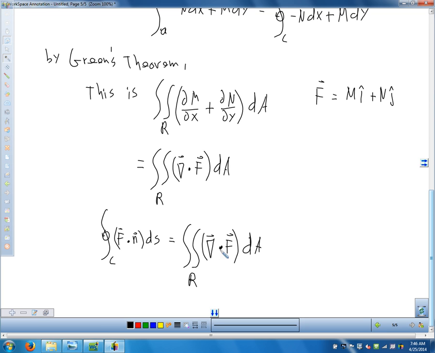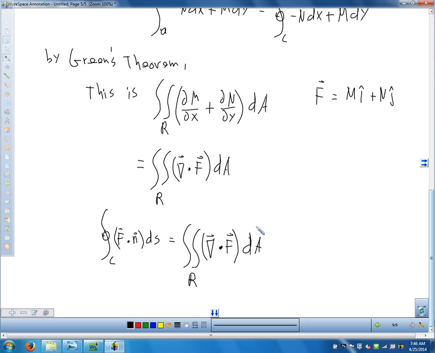So the divergence is telling us something about the tendency of the field to cause an outward flow, basically. So we're summing the outward portion of the field around the boundary, and that's related to the divergence of our field.